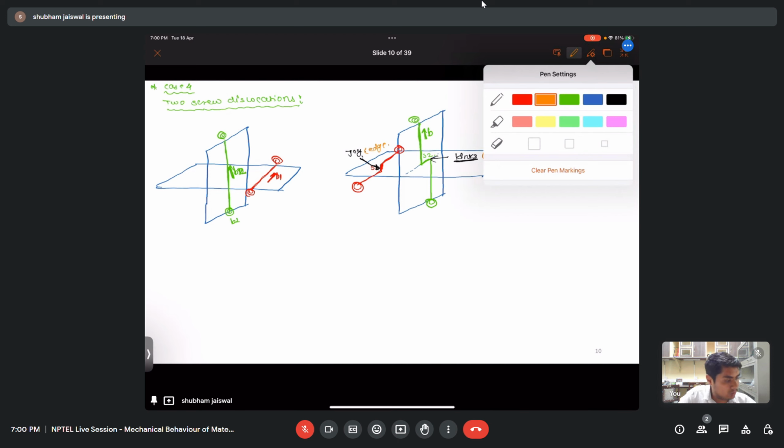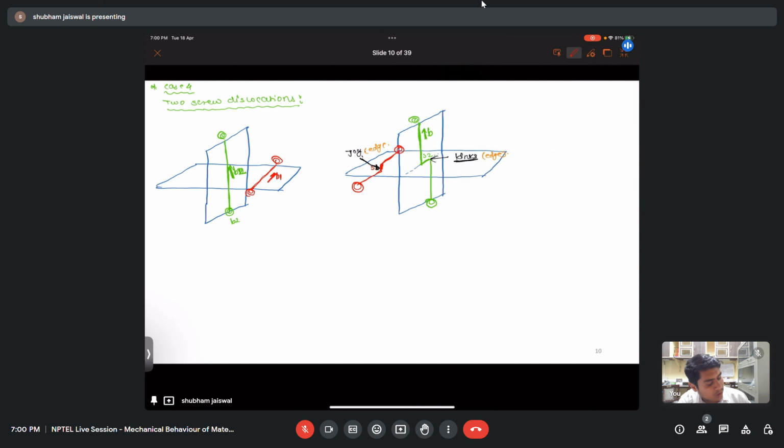Then after this we have seen the concept of dislocation locks, and in that particularly we have seen the Lomer-Cottrell lock in FCC.